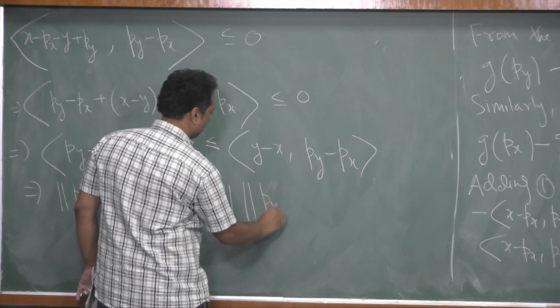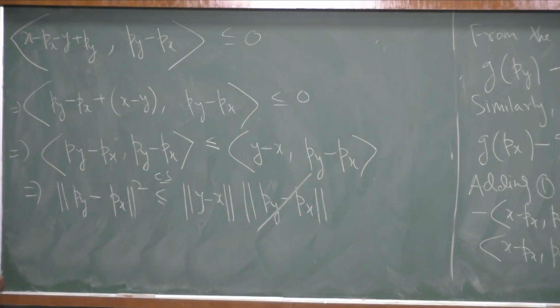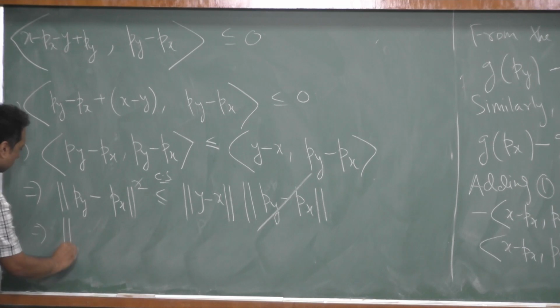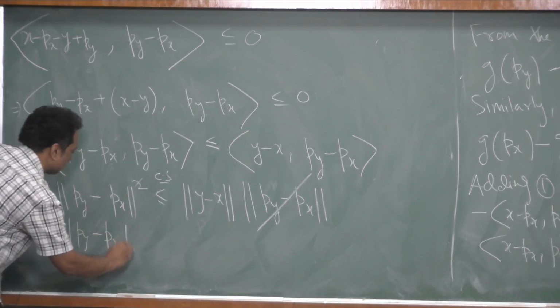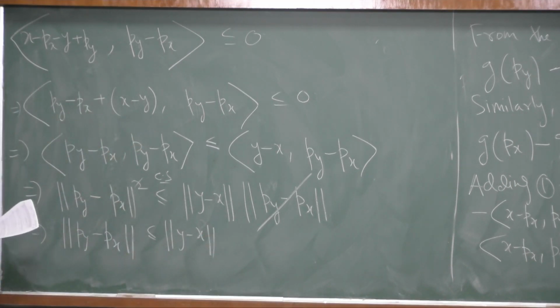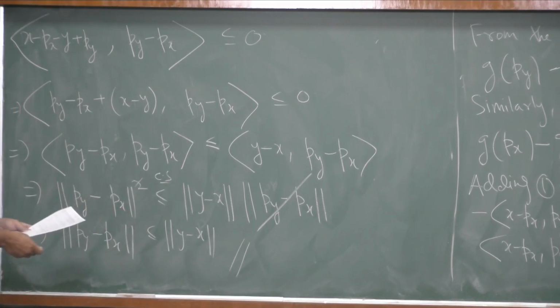So py minus px, and one of these gets cancelled, assuming that it's not 0, so assuming that py is different from px, then in that case we can cancel, and then norm of py minus px is less than equal to norm of y minus x. So now you can expand this, and that's exactly the form that we are looking for. The proximal is a non-expansive operator.